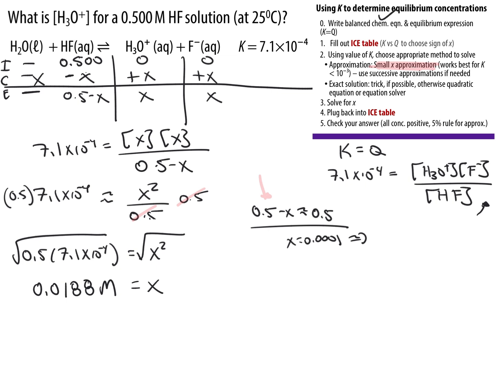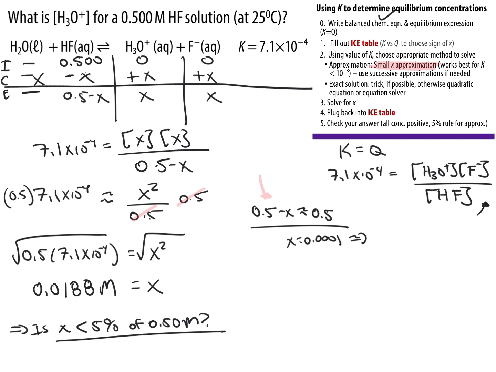So in this case, we use the 5% rule to judge the validity of that approximation. So we're going to say, is x less than 5% of 0.50 molar? We assumed that x was small, and so 0.5 minus x was about 0.5, and our judgment of how small x is that it does need to be less than 5% of that value.